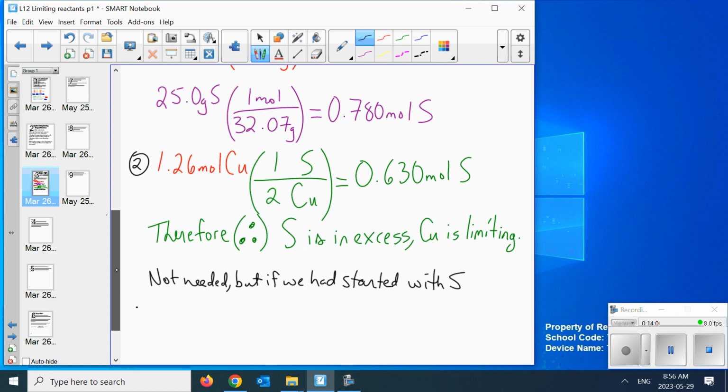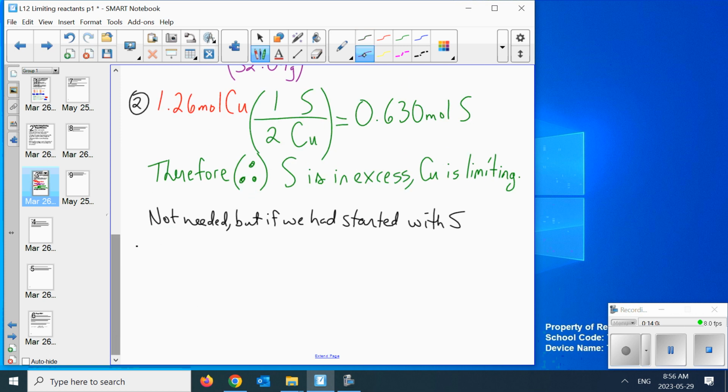Well, we would have said 0.780 moles of sulfur. And then we say, well, I want to figure out if all of the sulfur could react, how much copper would we need? I doubled that, so 1.56.